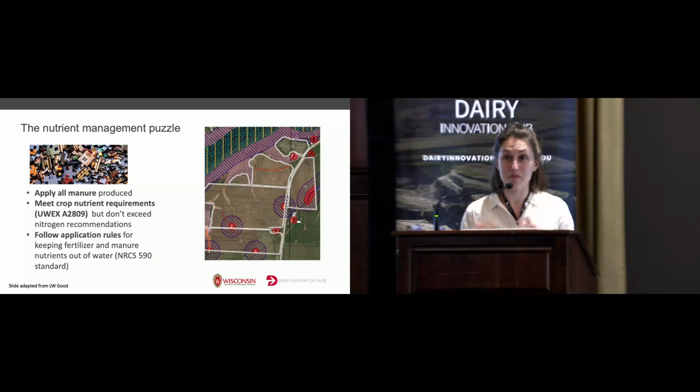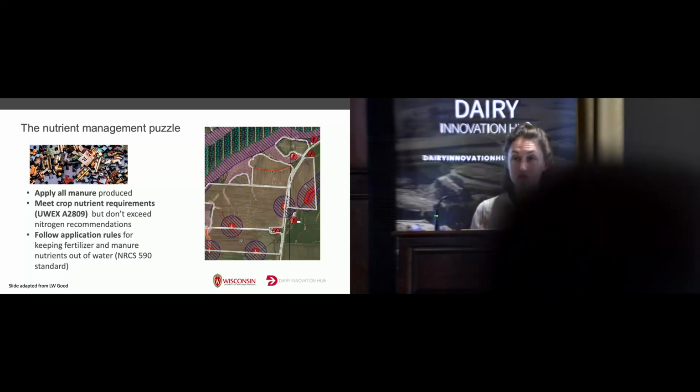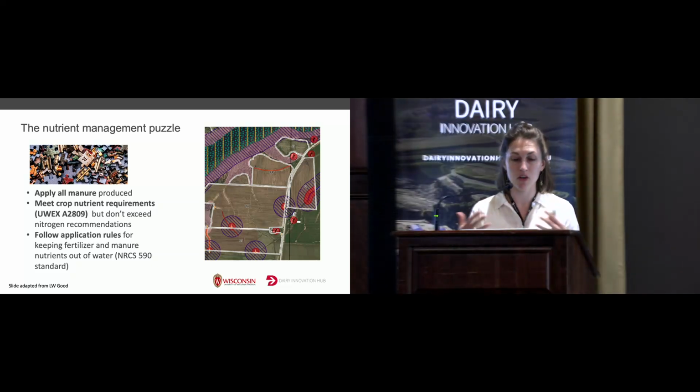And in very broad terms, what SnapPlus allows users to do is try to solve this nutrient management puzzle in a very practical way. So when we have manure to apply, SnapPlus helps to logistically figure out where we can apply this manure given the fields that are available. We're also tracking how farmers can use manure and other nutrient sources to meet the crop nutrient needs based on UW nutrient requirements without exceeding recommendations for nitrogen and phosphorus.